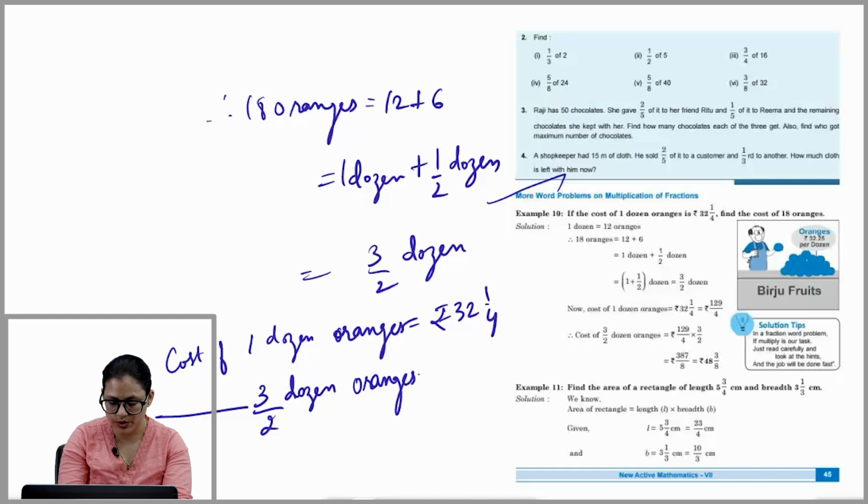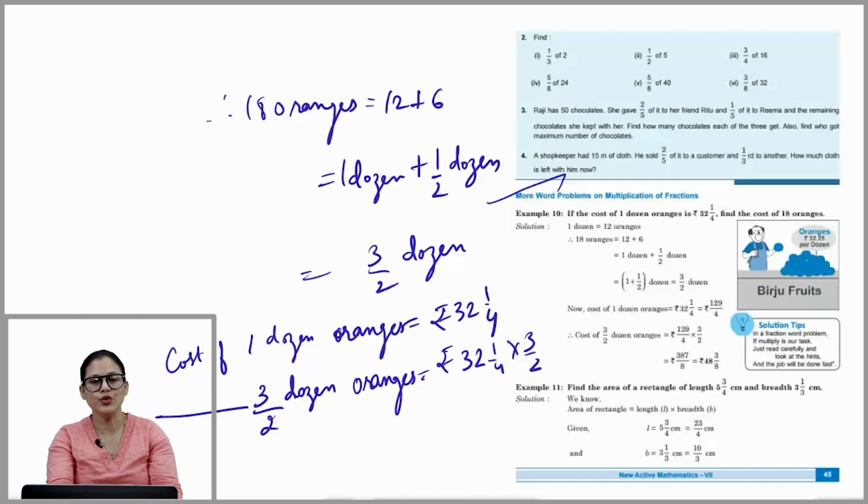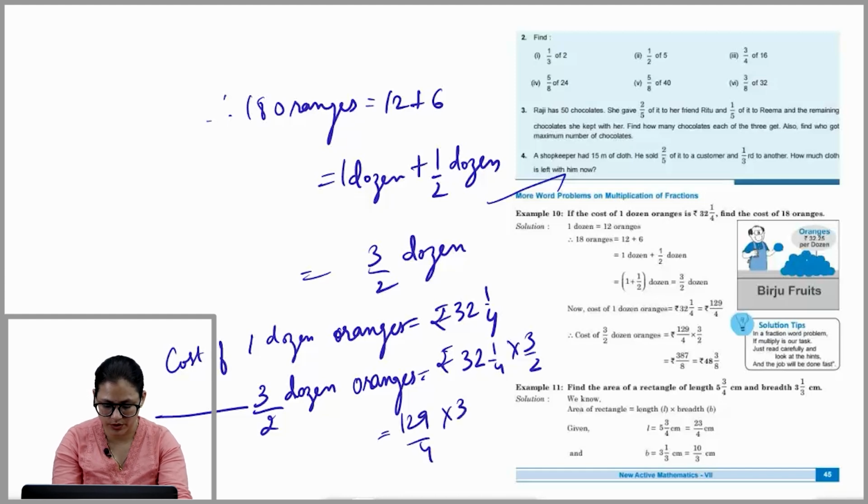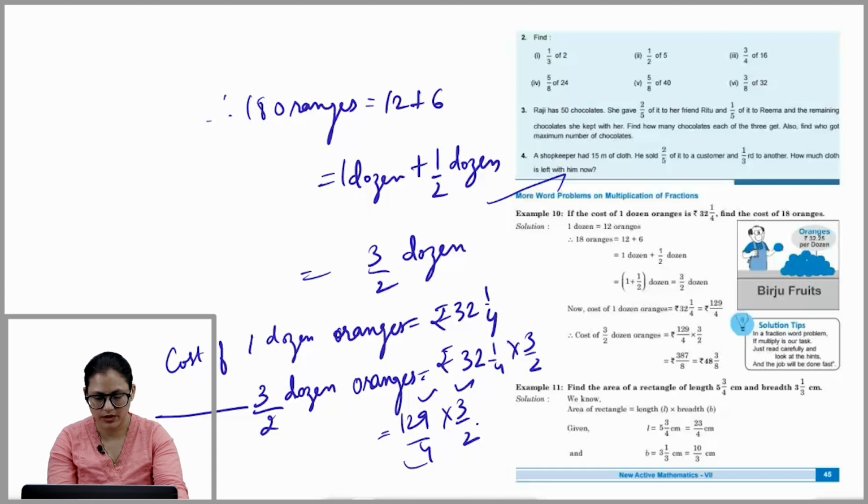So what will you do? You will multiply this by 3 by 2. First, you will convert this into an improper fraction. So here, what will you get? 129 by 4 into 3 by 2. Now multiply the numerators and then multiply the denominators. Then you will get this answer.